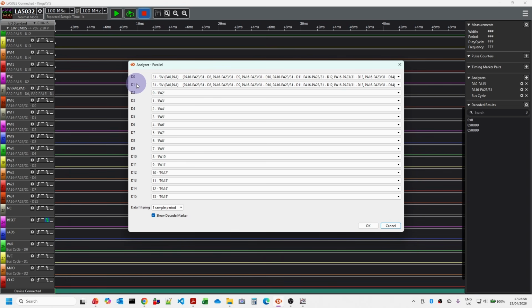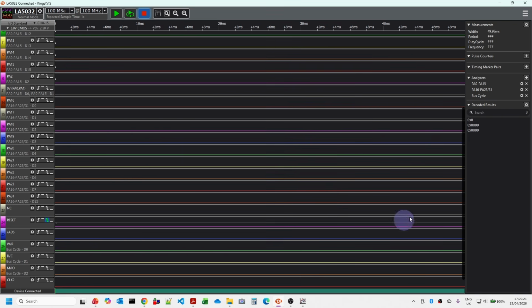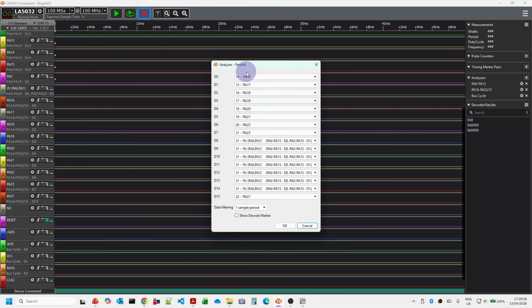The A0 and A1 lines aren't actually there. Instead the byte enables 0, 1, 2 and 3 determine whether we're reading the 0, 1, 2 or 3 bytes, so they effectively replace A0 and A1. And we've also got everything going up to address line 15. Then when we look at the higher address lines, you can see that we've got 16 up to 23, but then we've got a gap until we get to PA31.